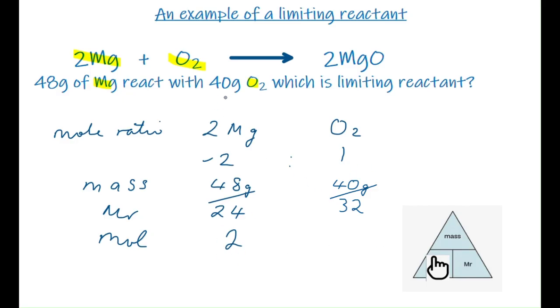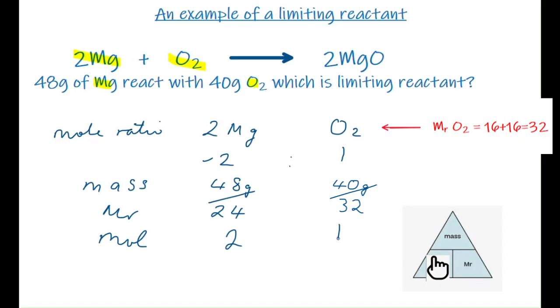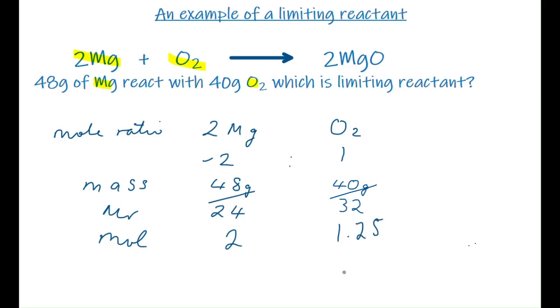Then we do likewise for oxygen. So we've got 40 grams of oxygen in the question. The Mr for oxygen is 32, which comes to 1.25. Clearly, the number of moles of oxygen, according to the ratio, should be 1, but it's now 1.25, as we've just worked out from the mass of 40 grams of oxygen.